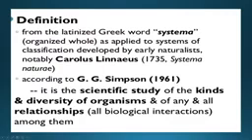According to G.G. Simpson, 1961, it is the scientific study of the kinds and diversity of organisms and of any and all relationships, all biological interactions among them. It is very clear, isn't it?